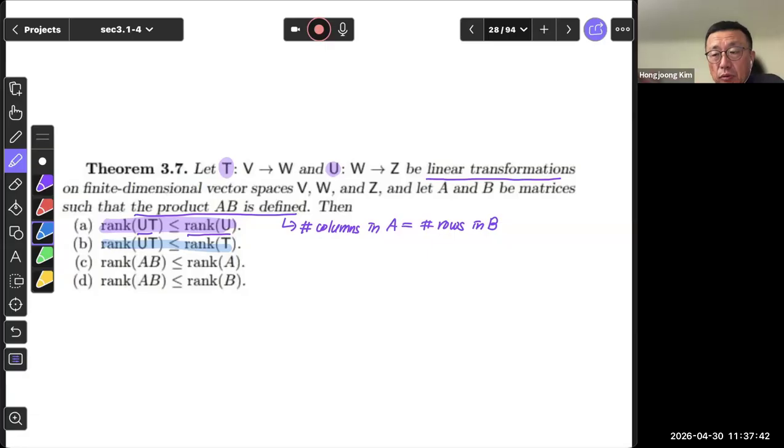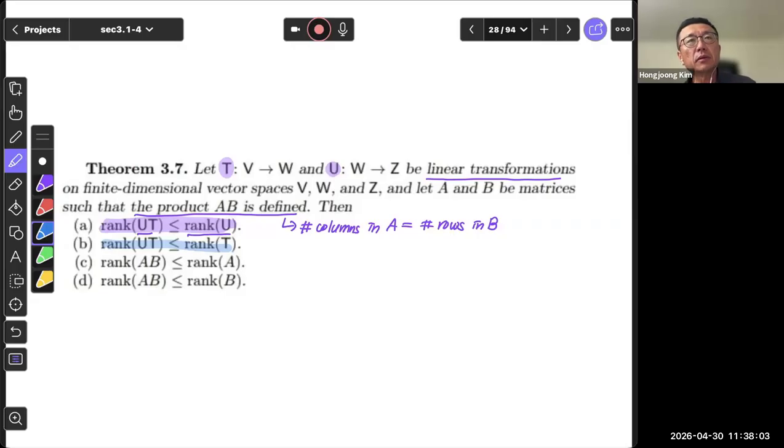Given T and U, you have two mappings, right? They have their own rank, meaning the ranges of these two mappings have a certain dimension, right? And that dimension cannot be increased by the composite.